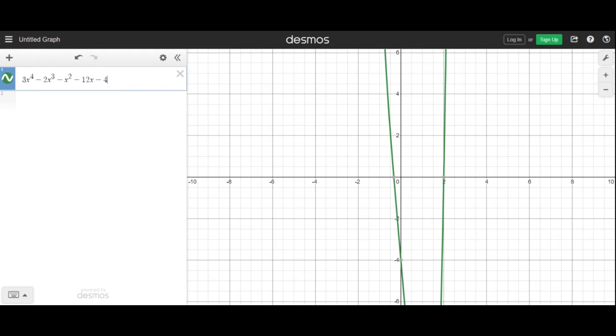And again, I'm not going to actually click on those points. I'm just going to eyeball it and see which ones of these we might want to test, right? So looking at that graph now, what values from our list might we want to test?